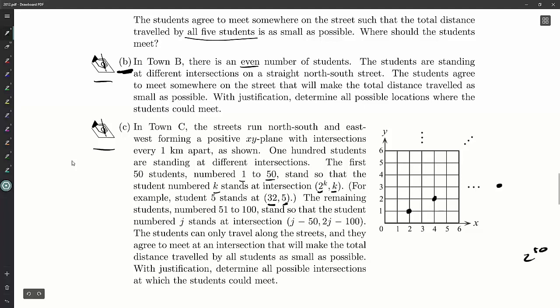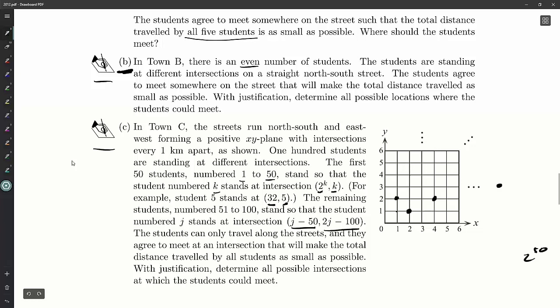Alright. The remaining students, numbered 51 through 100, stand so that the student numbered J stands at (J minus 50, 2 times (J minus 50)). So student 51 will be at (1, 2).